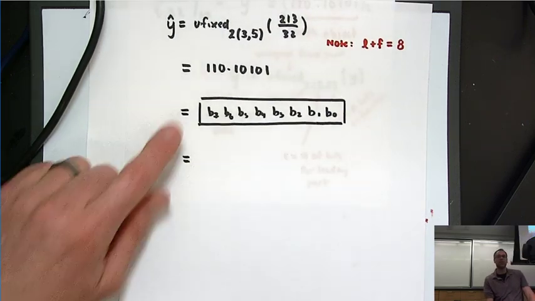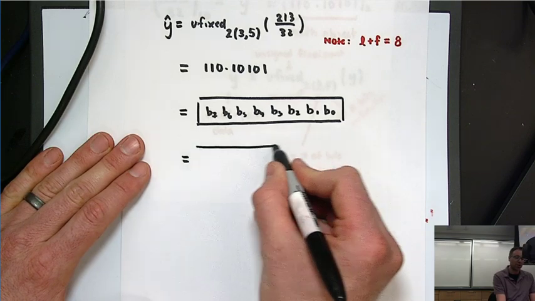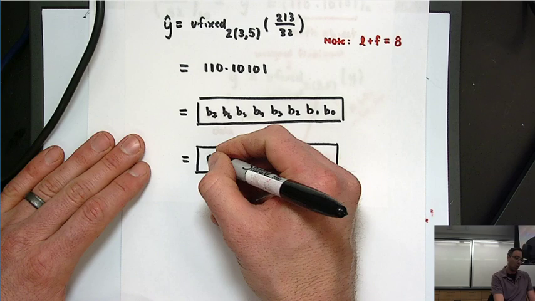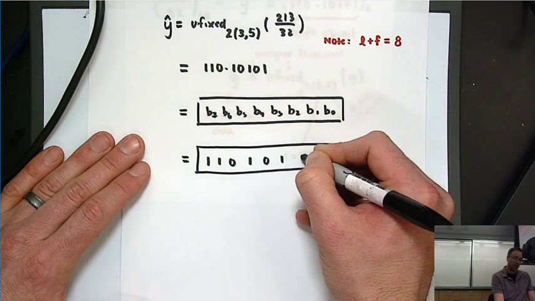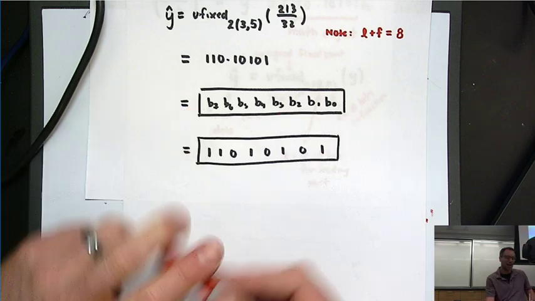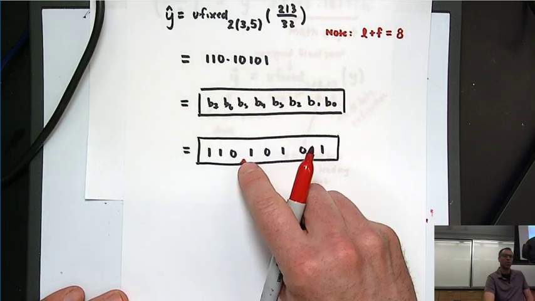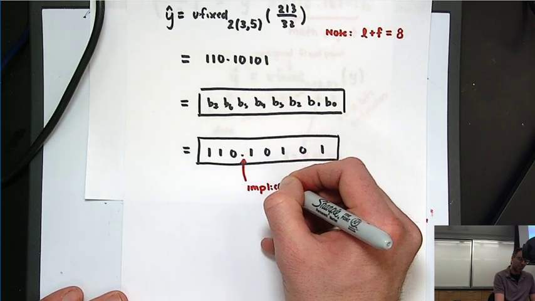Each of those things is just a voltage, right? So what would be the string of voltages for this particular encoding? 110.10101, except that when I interpreted what this meant, I would want to introduce through the interpretation a radix right there. So this is what we would call an implicit radix.